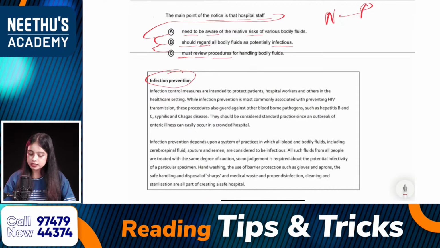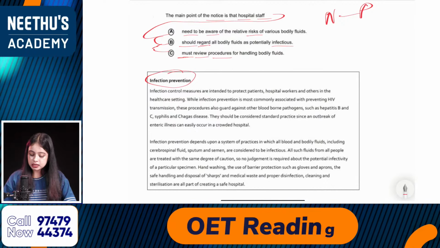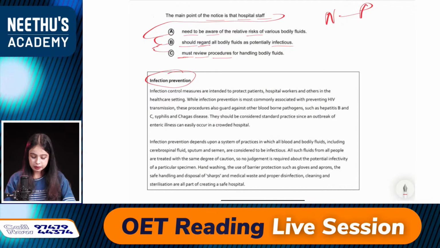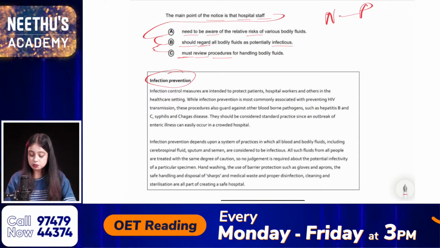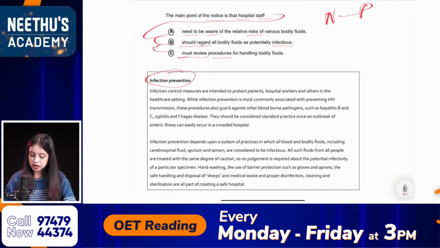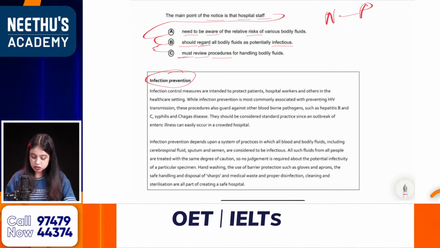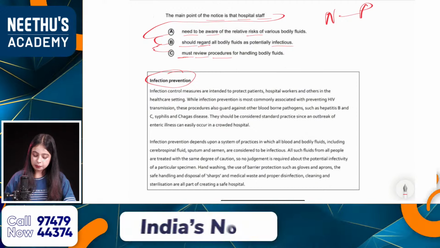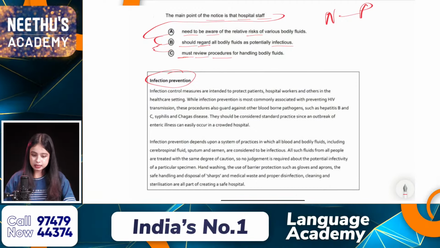What is mentioned in the notice? I'm reading the notice. Infection control measures are intended to protect patients, hospital workers and others in the healthcare setting. While infection prevention is most commonly associated with preventing HIV transmission, these procedures also guard against other bloodborne pathogens such as hepatitis B and hepatitis C, syphilis and Chagas disease.